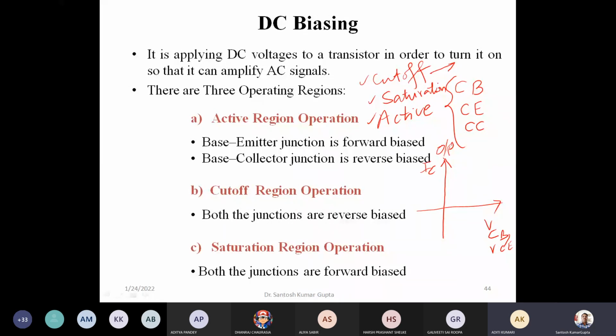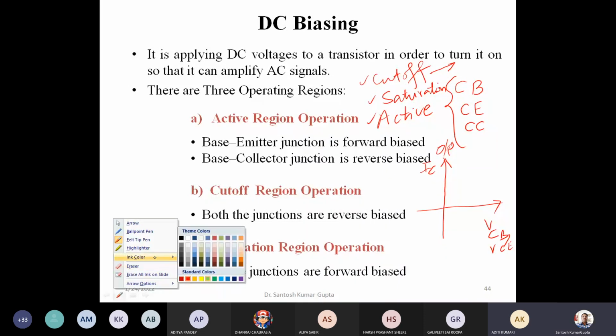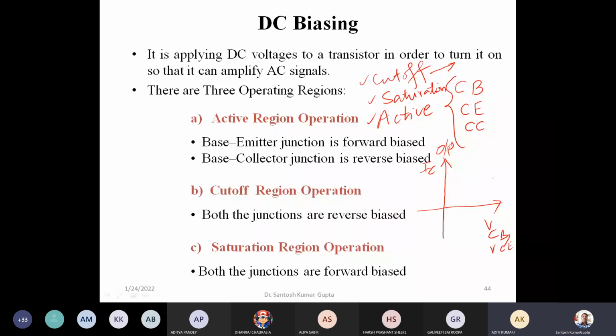So we have seen this. Say we take VCB here, sorry, this as a common base configuration. Then in the common base configuration, the input is given at the emitter and the output is taken at the collector. So the emitter current is varied.